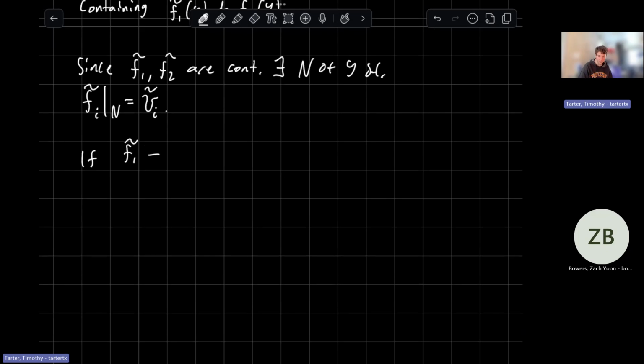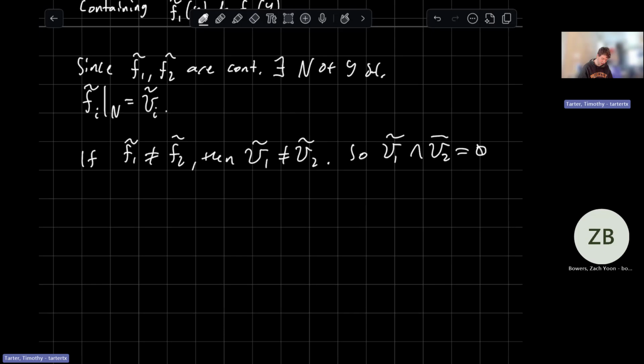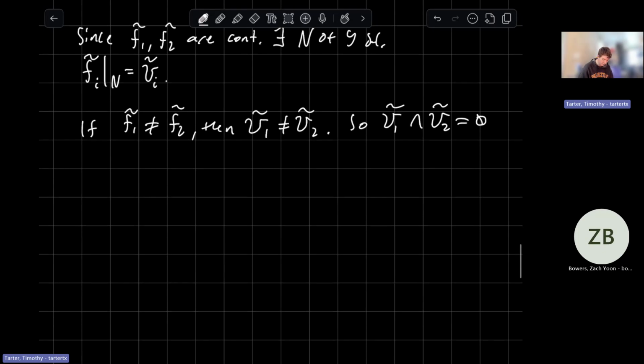If F1 is not F2, then U1 isn't U2, so U1 intersect U2 is the empty set. So F1 on N is not equal to F2 on N.